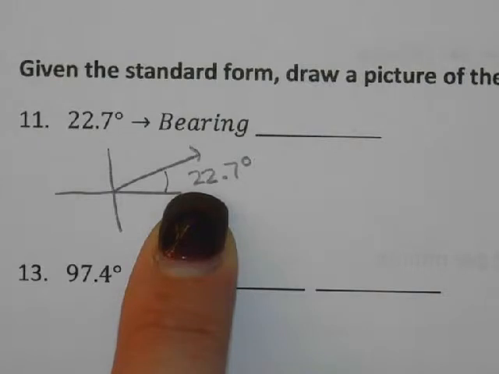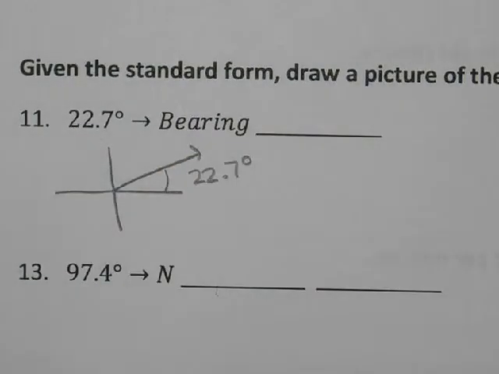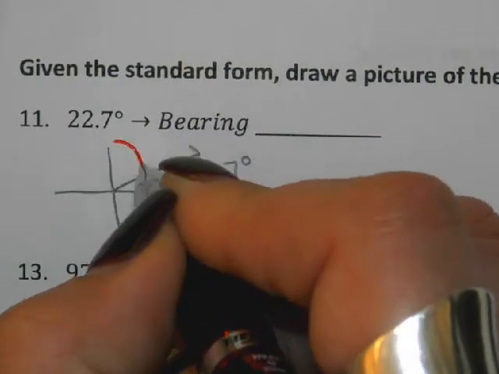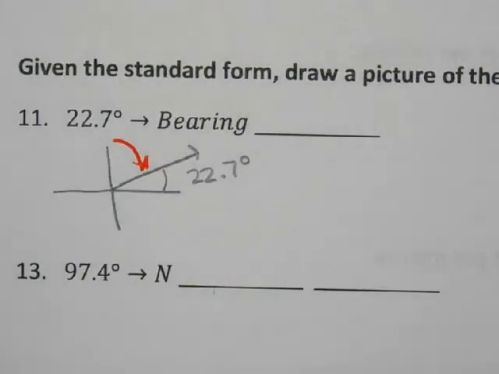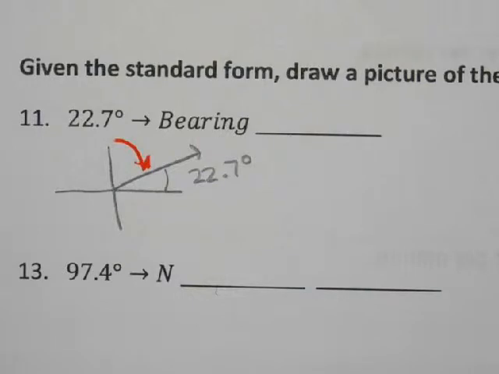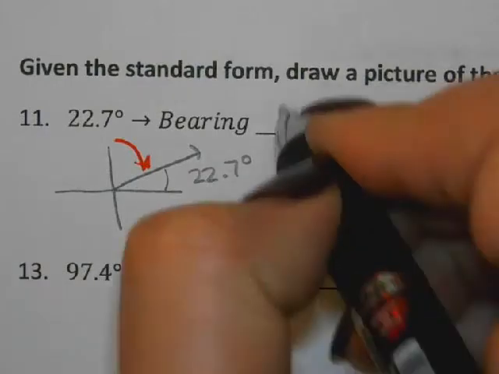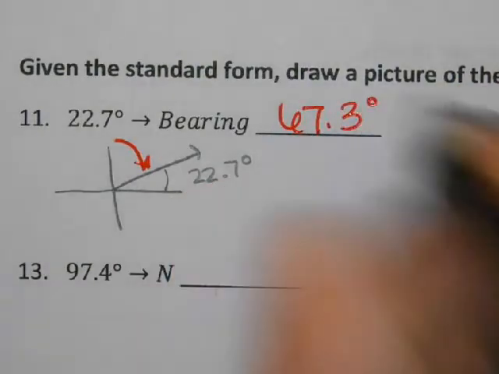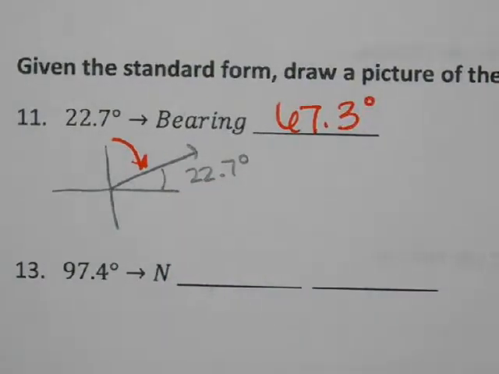But they want us to do the bearing version of the angle, which means that we have to start at north and go clockwise. So what would we do to find that angle? Yeah, subtract it from 90. We get 67.3, perfect.